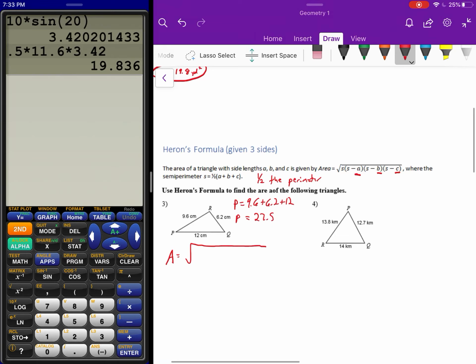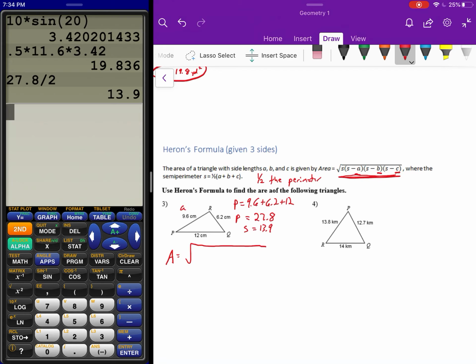So the perimeter is going to be 27.8 if you add those together. So the semi-perimeter is going to be half of that, 27.8, so I think that's 13.9. So the semi-perimeter is 13.9.